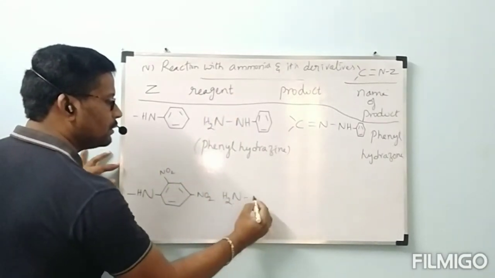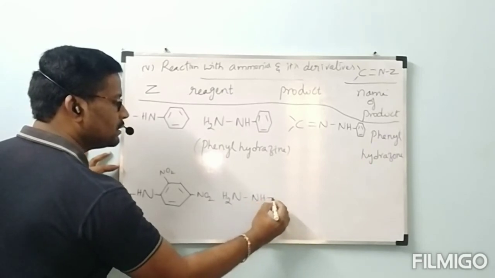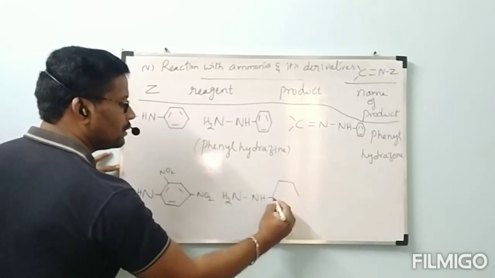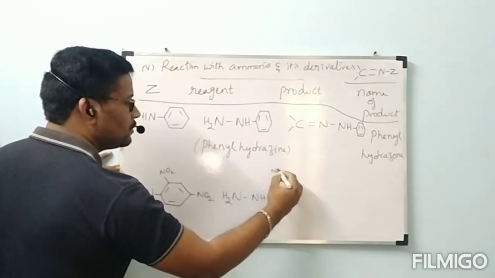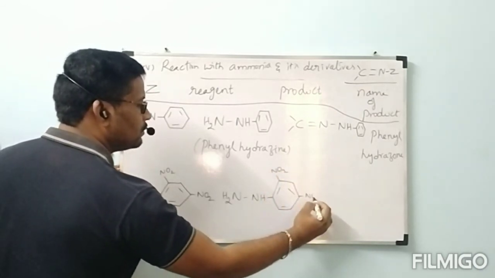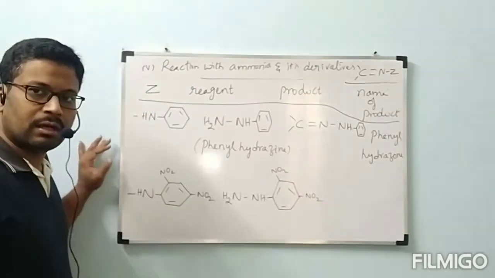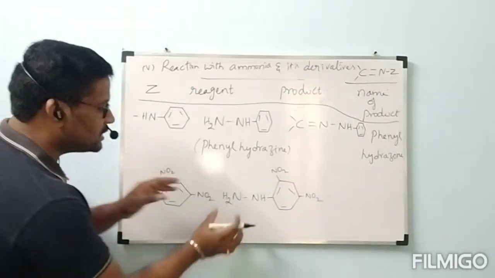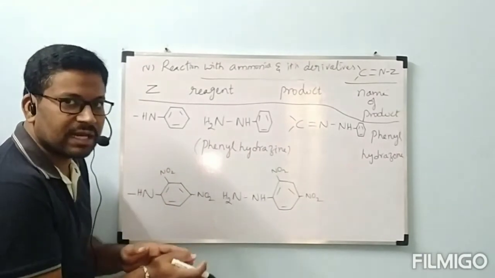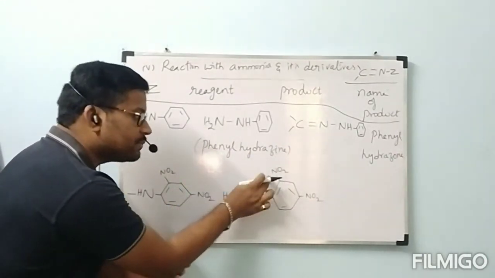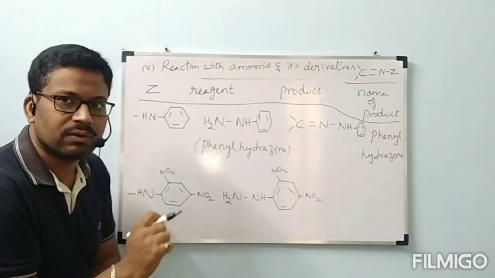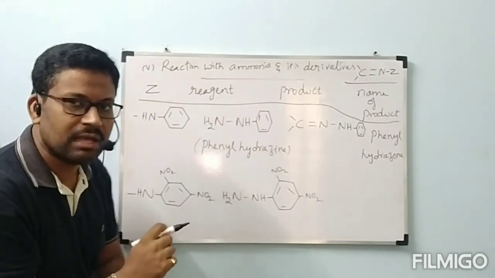NH2, NH, here NO2, here NO2. Name of this substance is, this is also similar to the previous one, phenyl hydrazine, but in that phenyl group, second position and fourth position we have nitro groups.